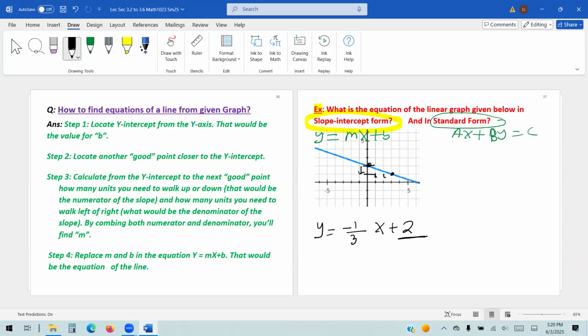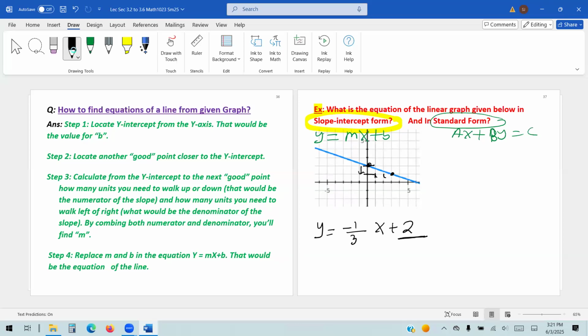To find the slope, all you have to do is walk from 1 point to the nearest point. So from this point, this nearest point has a whole number. This one doesn't have a whole number for y. This one doesn't have a whole number for y. So these 2 points are bad. Go to the next point that crosses the corner of your grid.